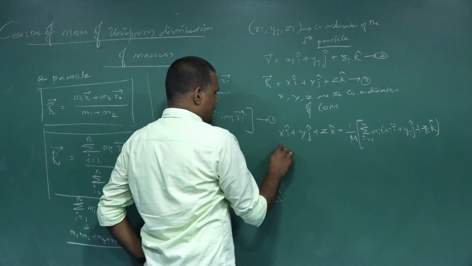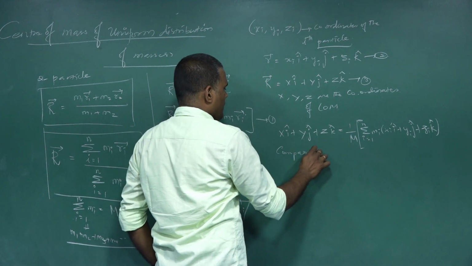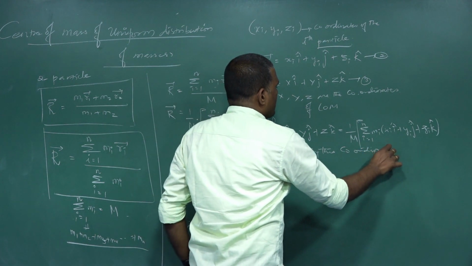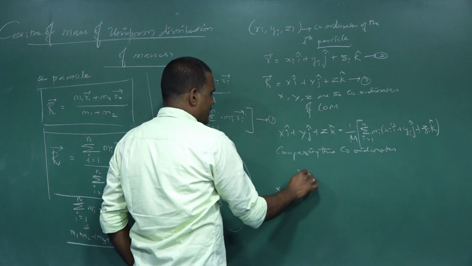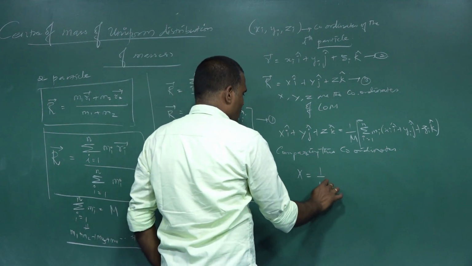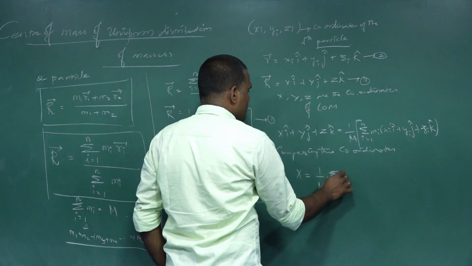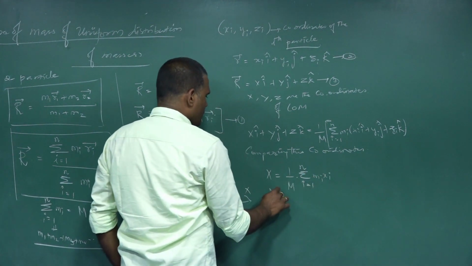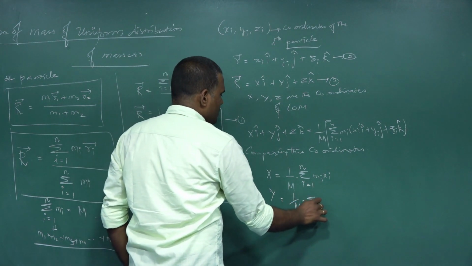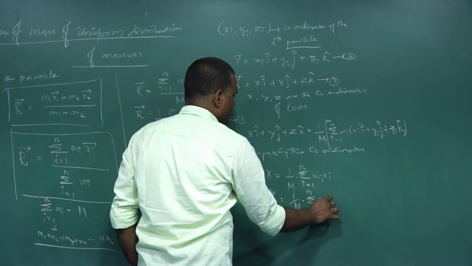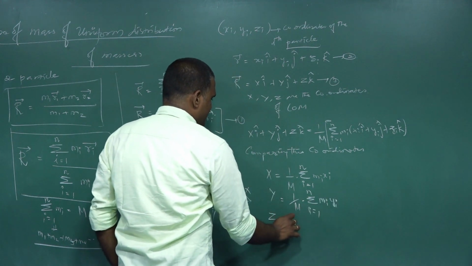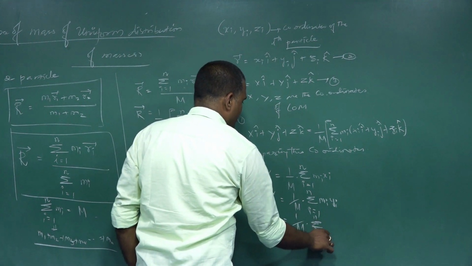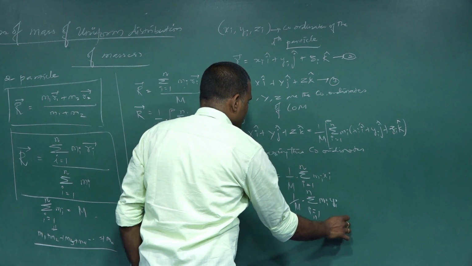On comparing these coordinates, I can write capital X is equal to 1 by M into the sum over i equals 1 to n of mi xi, capital Y equals 1 by M into the sum over i equals 1 to n of mi yi, capital Z equals 1 by M into the sum over i equals 1 to n of mi zi.